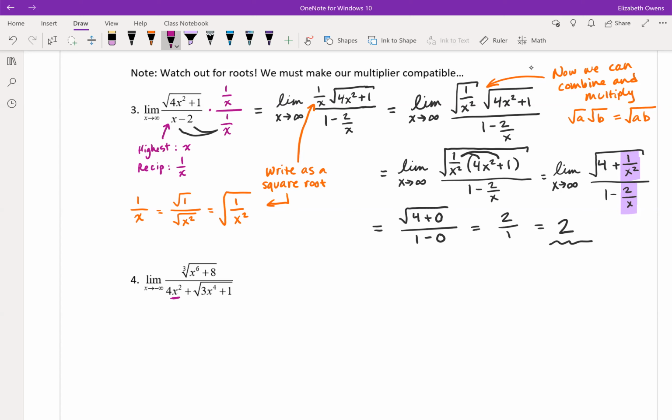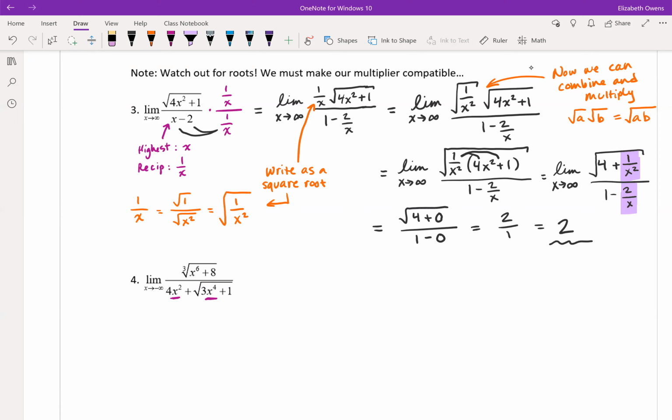But then you might see this 3x to the 4th under the square root and think, well, wouldn't x to the 4th be the highest power of x in the denominator? And not quite, really. Although it does say x to the 4th there, you've got to know or notice that it is underneath a square root. So effectively, it's kind of like a square root of x to the 4th situation that we're looking at.